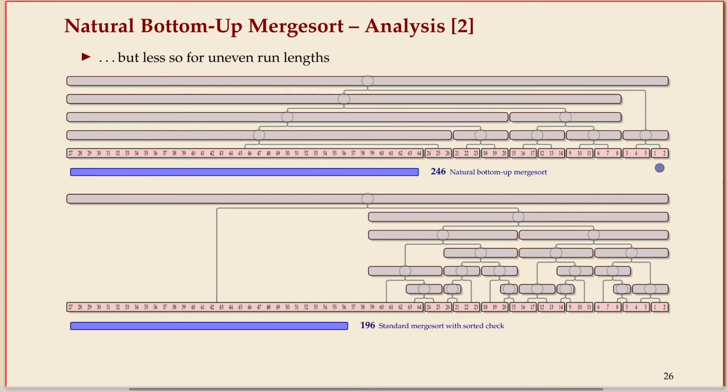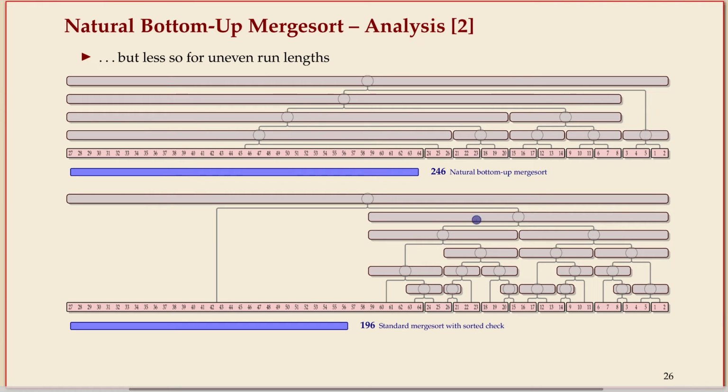If you have an input like this, then our bottom-up merge sort would treat this very long run that it finds in the input the same as all these short runs. And so over and over and over again, it repeats merges with this long run, and that's just driving up cost. Whereas our top-down merge sort with the check didn't do that, or it wouldn't do that.